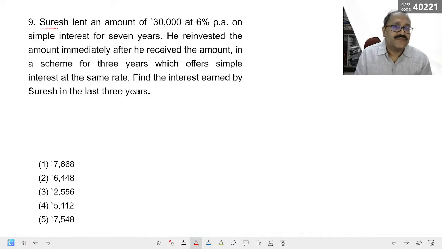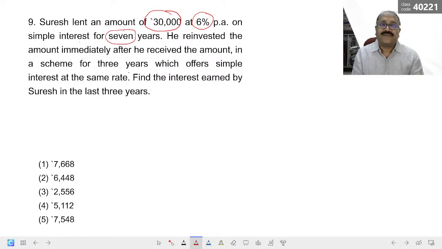Now last but one. Suresh lent an amount of rupees 30,000 at 6% per annum on simple interest for 7 years. Okay, so here the principal, rate of interest and the time are given.